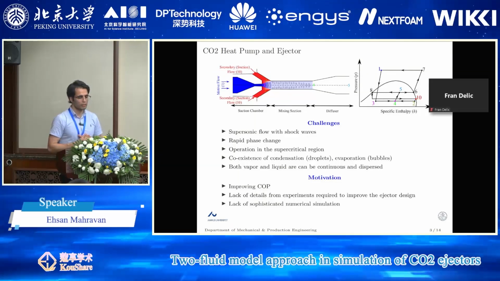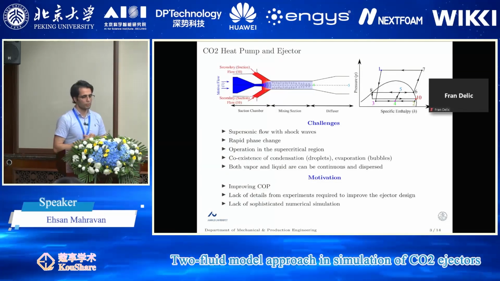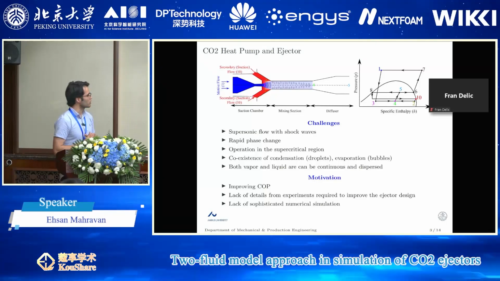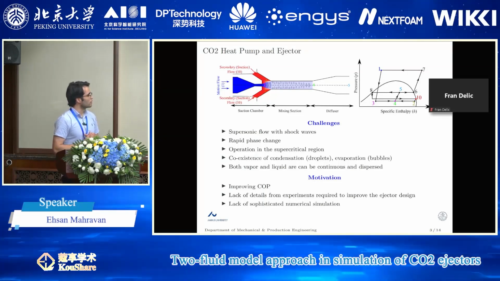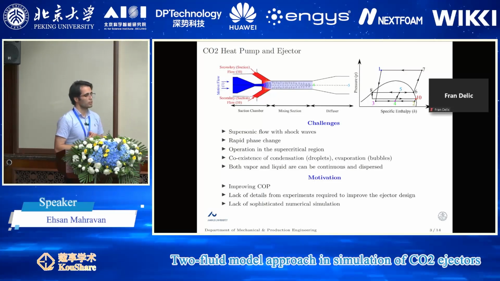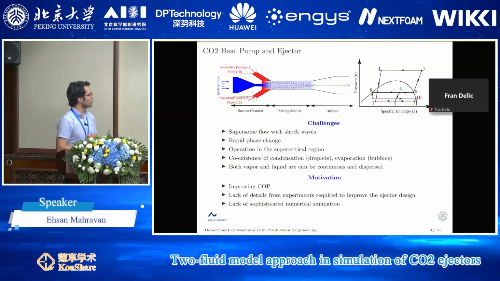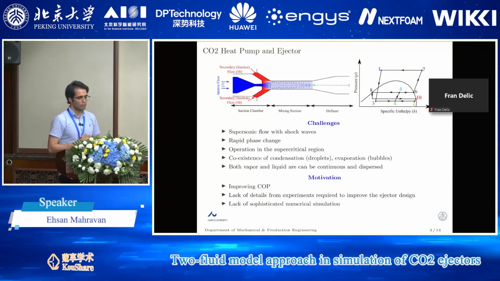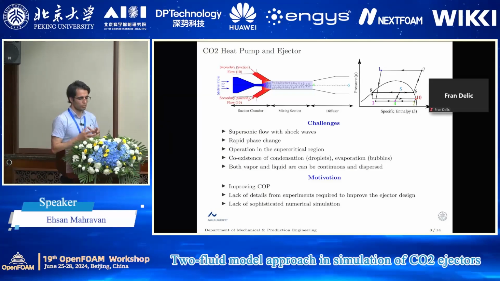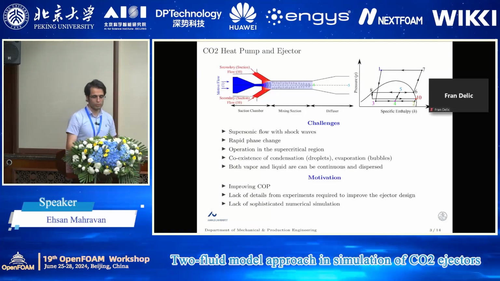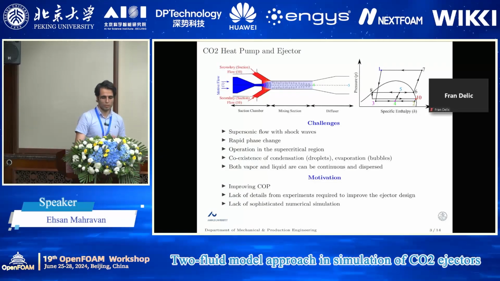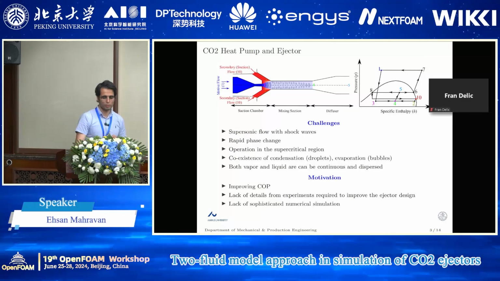And the reason is that the numerical methods that they are using are not sophisticated. And the experiments also cannot give us any detail. It's mostly the overall performance parameters. And all of those details are important to improve the performance of the ejector and the COP of the whole cycle.